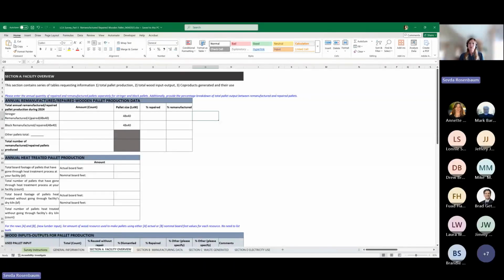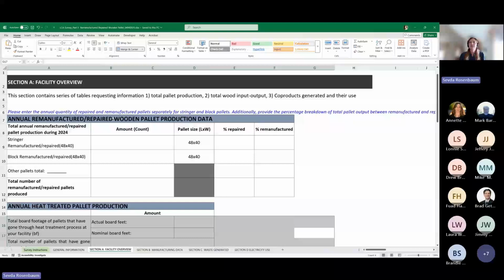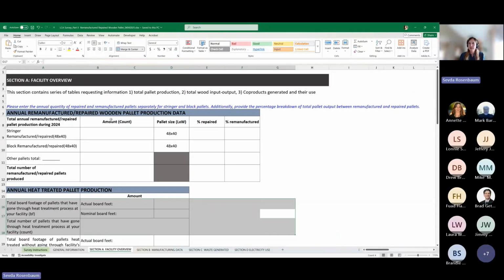For the facility overview, again, the first table is for production data, and we're asking for the amount produced of stringer and block remanufactured and repaired pallets, and other pallets that are also produced at the facility. We would also like to know the percent of repaired and percent of remanufactured pallets at the facility.